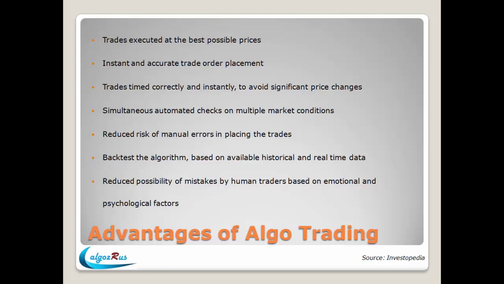And the other one is this one: reduce the possibility of mistakes by human traders based on emotional and psychological factors. See, for me, trading has always been very emotional, I get too involved in it, I get too emotional about my trades, and there's always a psychological factor. For example, I used to have a bias on the market.